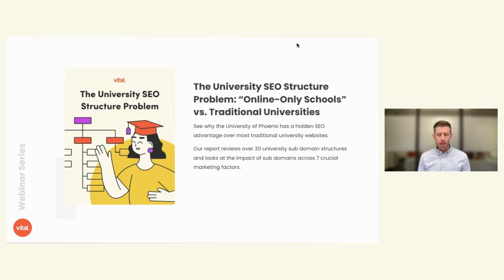A lot of the data that we're going to be talking about today in our recommendations comes from a couple different studies and a wealth of decades of experience doing this type of work. One of the first studies we're going to work through is a study Vital did on SEO structure of higher ed websites, studying higher ed websites against more recent online only schools like University of Phoenix.